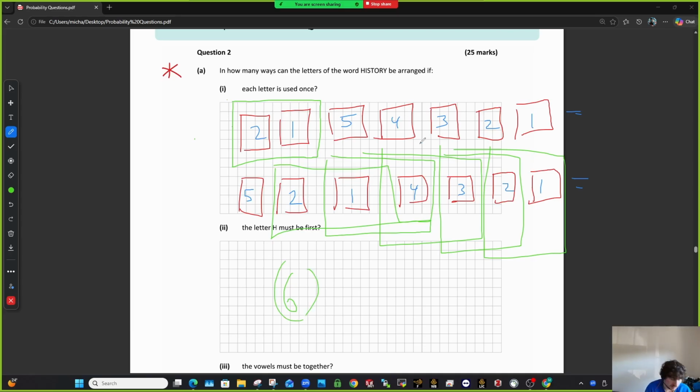So if I go 2 by 1, by 5, by 4, by 3, by 2, by 1, I get 240. So the answer is just 6 times 240 because it's either this option or this option. So you'd be adding these different scenarios together. So that's why it's 240 plus 240 plus 240, 6 times. Okay. So yeah, that works out as 1440.